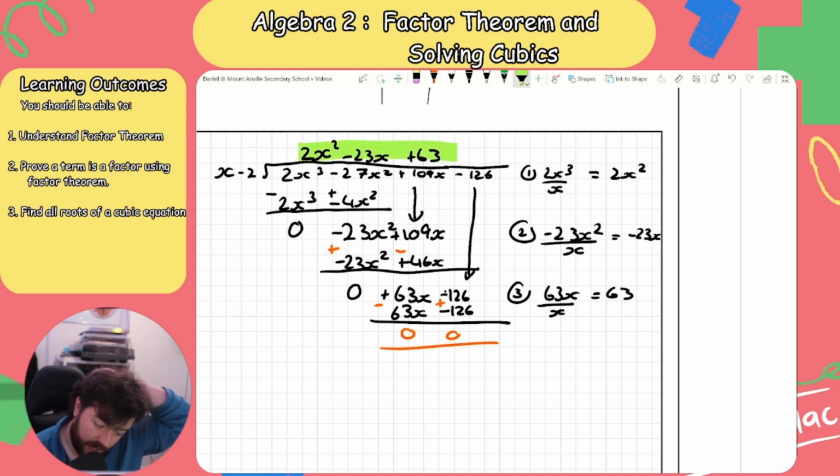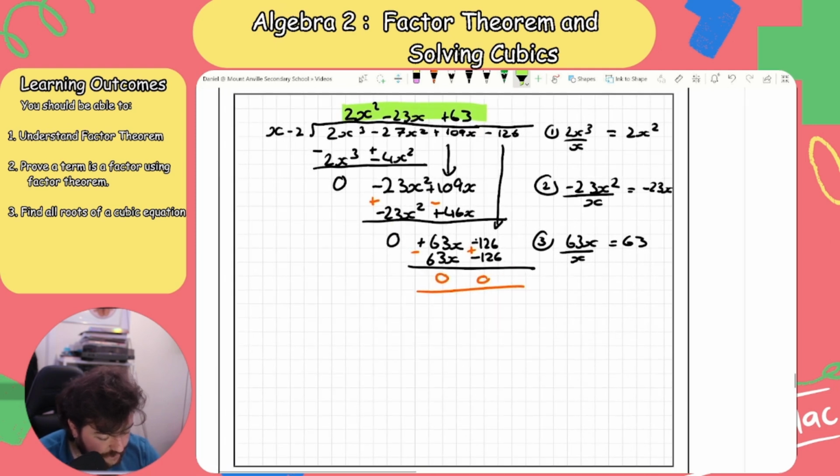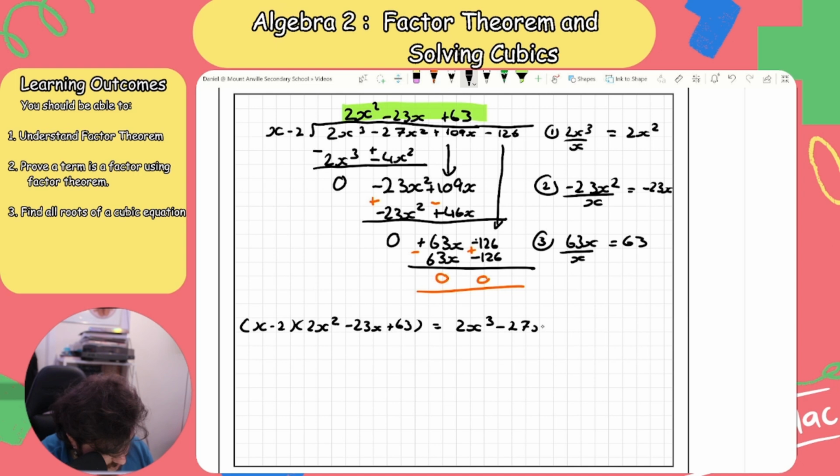So therefore, 2x squared minus 23x plus 63 is another factor. So x minus 2 times 2x squared minus 23x plus 63 equals 2x cubed minus 27x squared plus 109x minus 126.